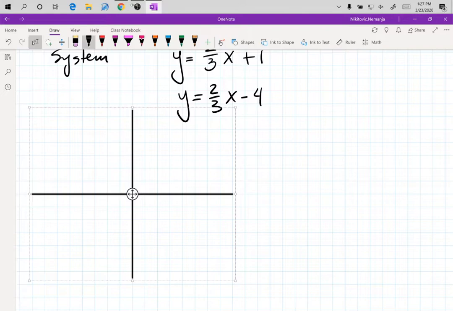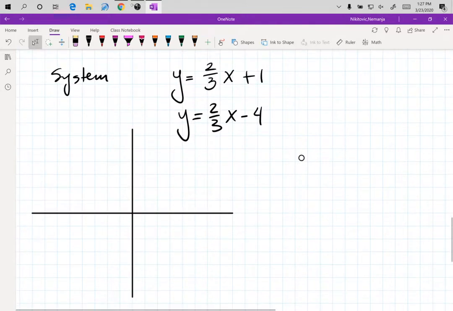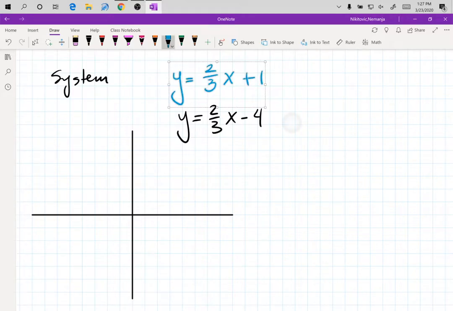And graph these. We can color code them, right? So this could be blue, and the other one could be red.